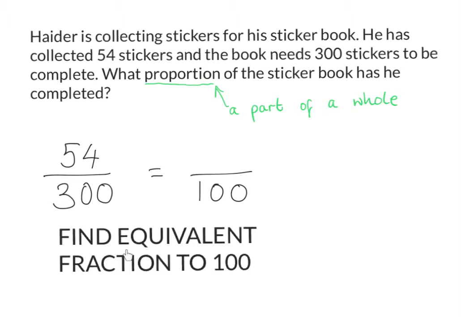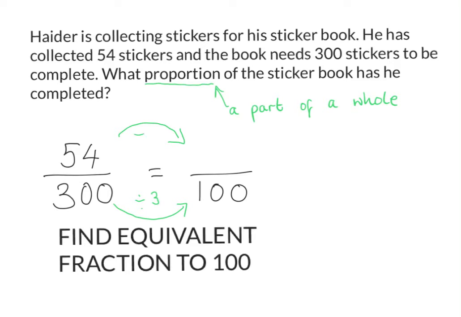So we're going to find an equivalent fraction out of 100 now. We did a lot of this just before we broke up from school. It was tricky. What do I need to divide 300 by to get 100? And I'm going to do the same on the top. So 300 divided by something is 100. Hopefully you'll be able to tell me that it's 3.